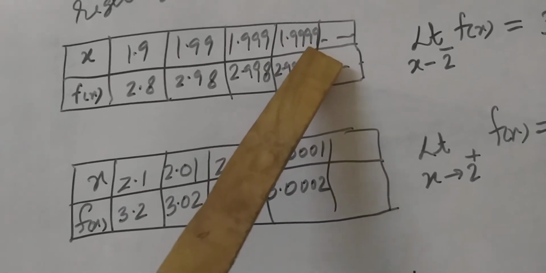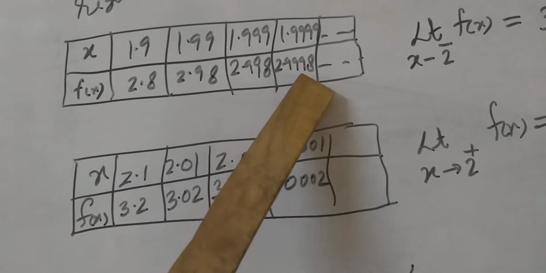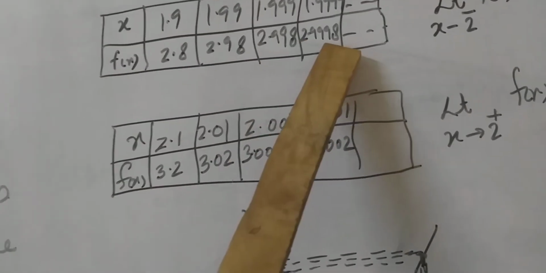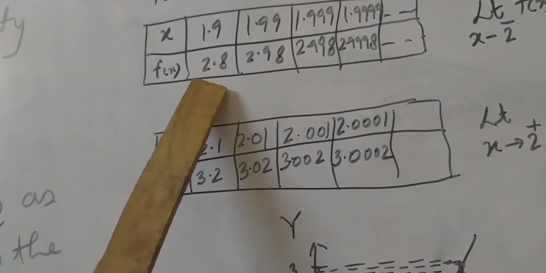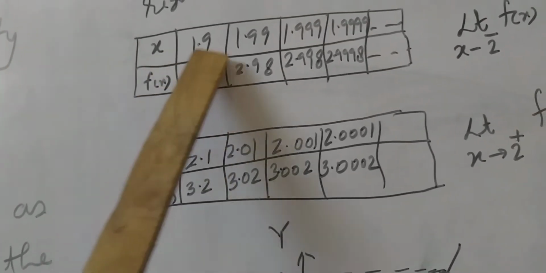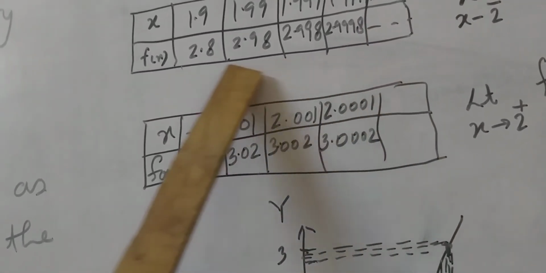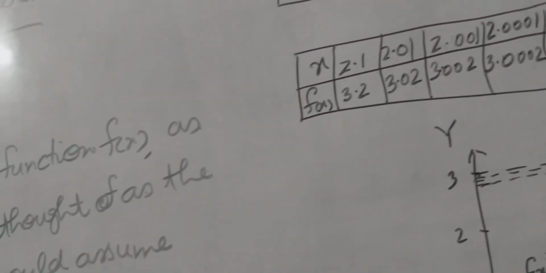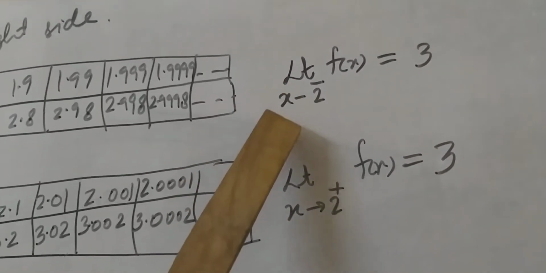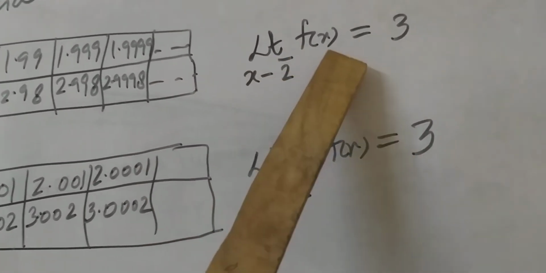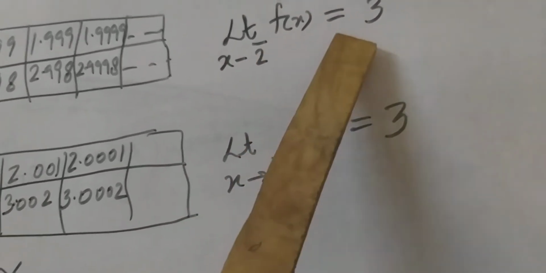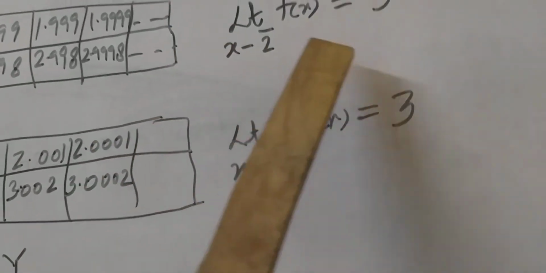When we put 1.9999, we get 2.9998. So students, you can see all the values obtained by putting x a little bit less than 2 are approximately equal to 3. So we can write limit x tends to 2 minus f(x) equal to 3. It is known as left hand limit.